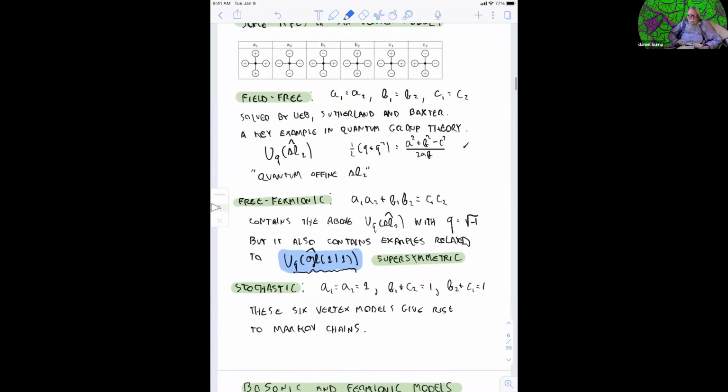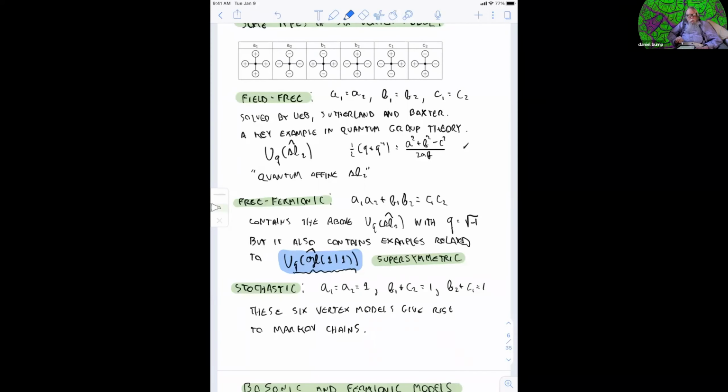Also, stochastic models have been appearing in work of Borodin and his collaborators and students. So the stochastic models are characterized by the fact that A1 equals A2 equals 1, and B1 plus C2 is equal to 1, and B2 plus C1 is equal to 1.